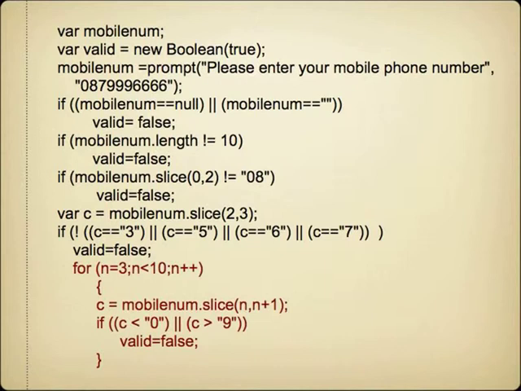So the number could be 087 ABC DEFG, and it would still be valid up to this point. So the next portion of the code is going to go through the remainder of the string, character by character, making sure that each character is a digit and not a letter or anything else.